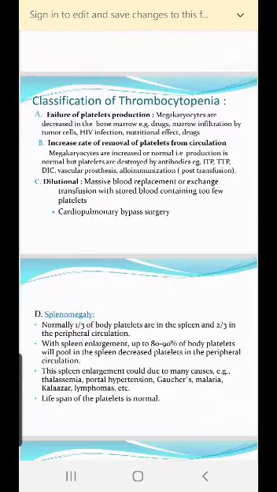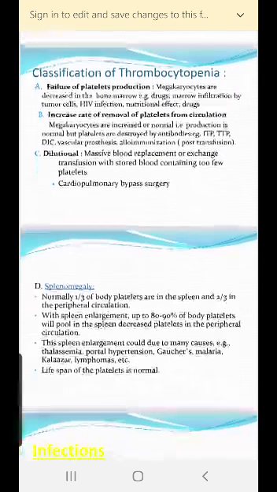Now the third reason is that production is okay, removal is not happening, but because of some massive exchange transfusion, the platelets are getting removed, or they are getting utilized. An example is cardiopulmonary bypass surgery.